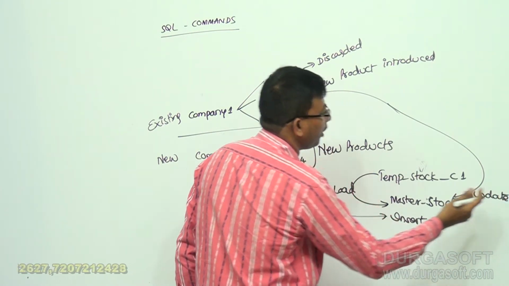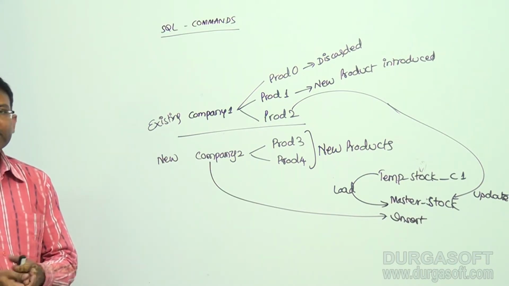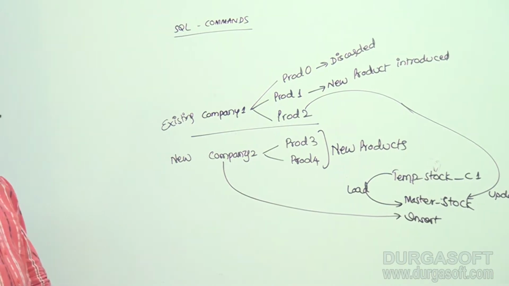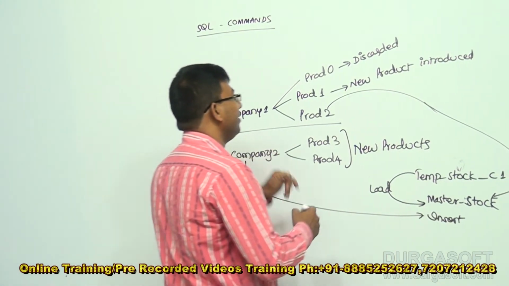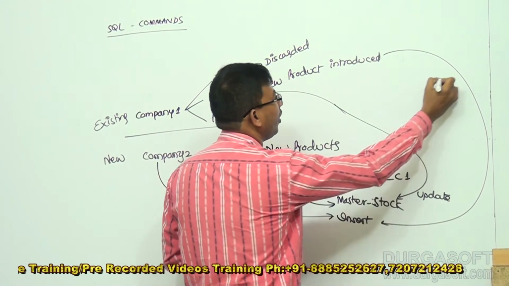So here we are going to update the price, the quantity, batch number, expiry date, this kind of things, because the product name is already available in our table. Now, even though the company is existing, if this is a new product, again, this will go as insert.